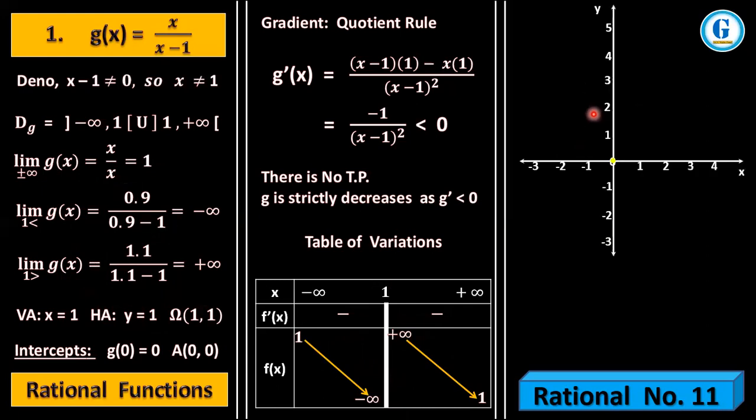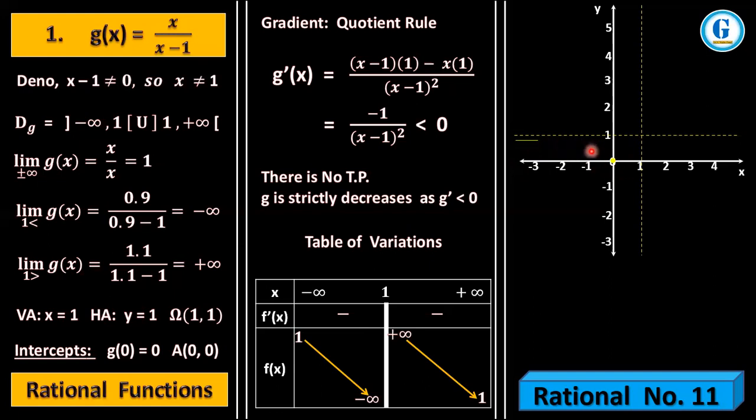You can now sketch the curve. We already have all the parameters. One of the intercepts is at the origin. We have the horizontal asymptote at y equals 1 and the vertical asymptote at x equals 1. And we know that this curve decreases from 1, that is below this horizontal asymptote, like this.